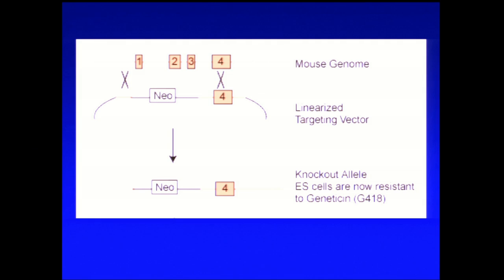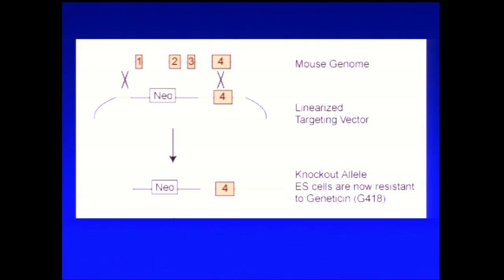I'm going to have to go fast here. Fortuitously, embryonic stem cells turn out to be relatively permissive for homologous recombination. And so what you can then take is a DNA sequence that has homology to a region of the mouse genome that you're interested in, and you can modify it, and then you can add that to embryonic stem cells.